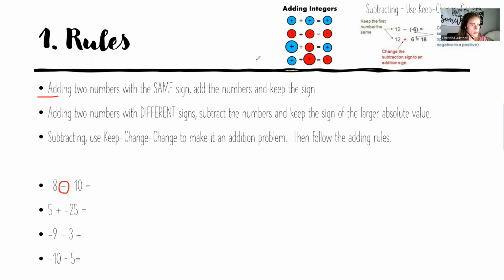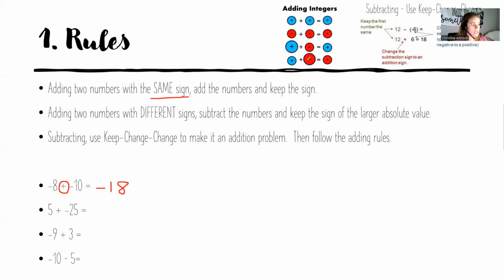I notice here that I have -8 plus -10. These numbers have the same sign, so I'm going to add them and keep the sign the same. So -8 plus 10, I'm going to add them together. 8 plus 10 is 18, and then we keep the sign the same, making it a -18.